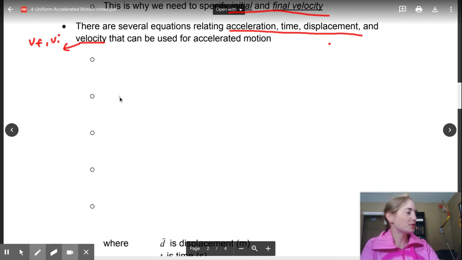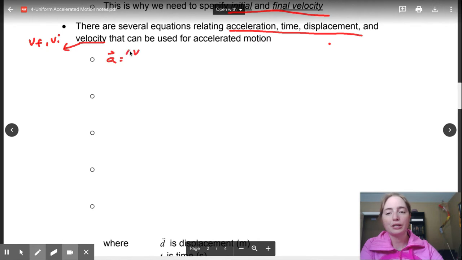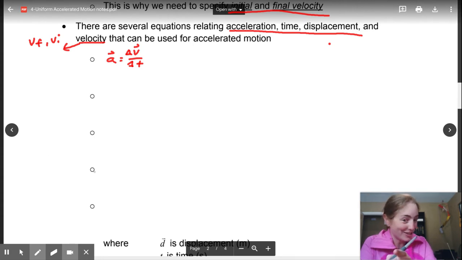So our most common equation, now this is the one you would have used last year in Science 10, would be this guy here. So your delta V over delta T. Now, ladies and gentlemen, what does delta mean in Latin? Change in. Good.